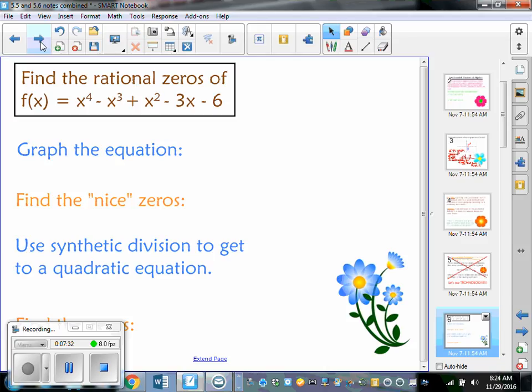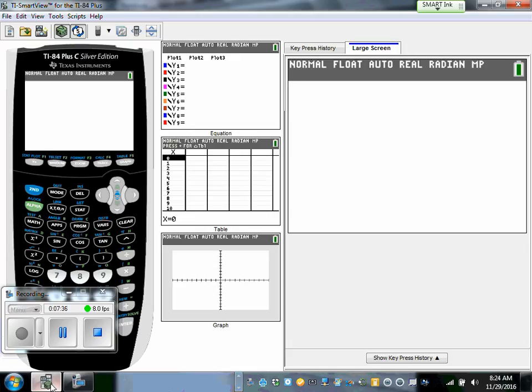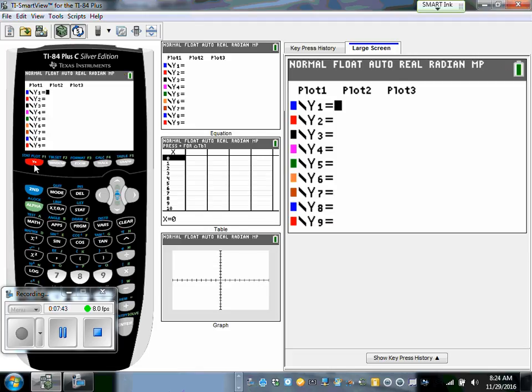So we're going to go ahead and graph this. In the graphing calculator, do you remember how to graph things? Good. Hit the y equals button. All right, let's go ahead and type in that equation.